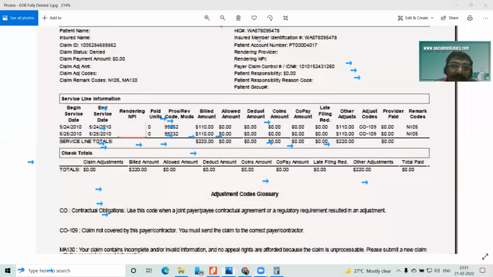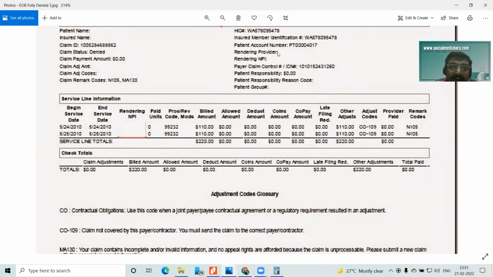Just try to remove this. Oh, still it's not going. Okay, now it's got clear.